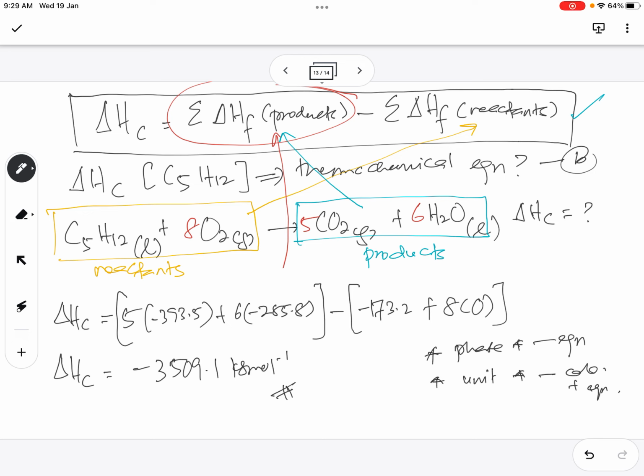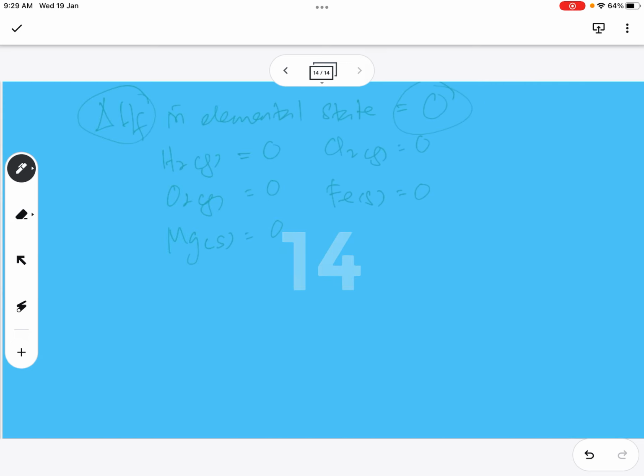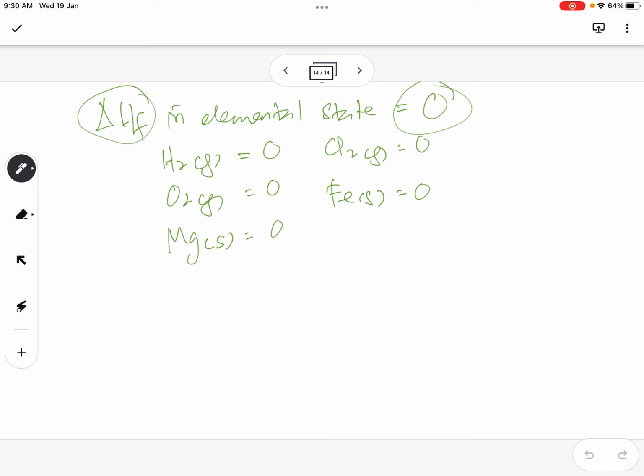Okay, so ini adalah jawapan. Okay, good. Ini adalah jawapan A. Heat of combustion kita dapat adalah minus 3509.1 kilojoule per mole. Okay. Moving into the B. B sebenarnya kita dah buat tadi. Saya akan tulis balik dekat slide number 14.